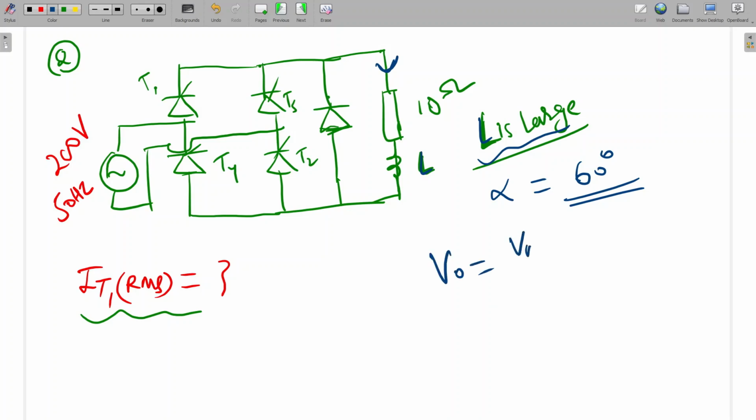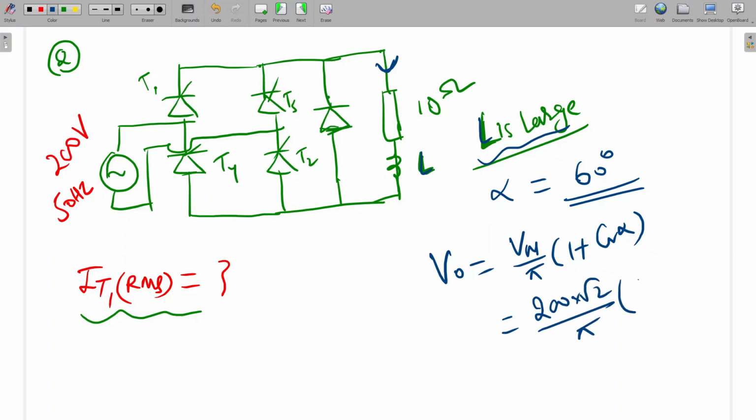First we will write VO. VO will be Vm upon pi into 1 plus cos alpha. So this will be 200 into root 2 by pi into 1 plus cos 60.